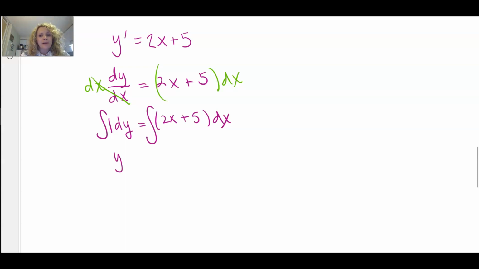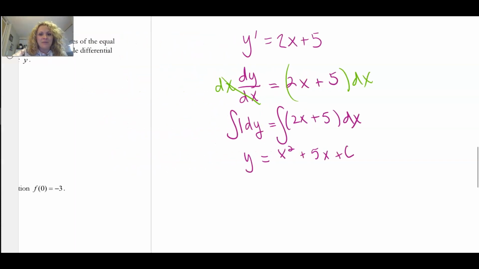So we're integrating the function 1 with respect to y. On the right-hand side, 2x plus 5 is still going to be x squared plus 5x plus c, since we don't have limits of integration. So we discussed that one in the last video. I just wanted to firm that up.